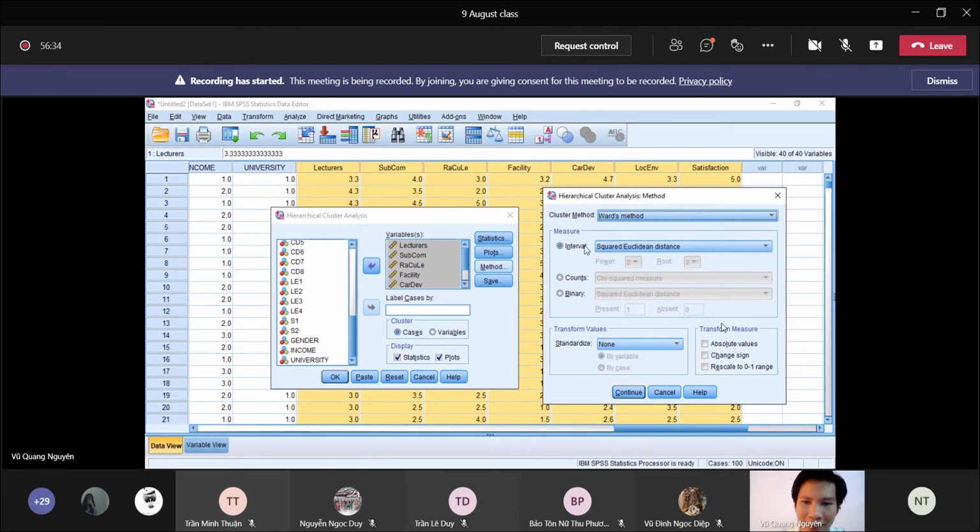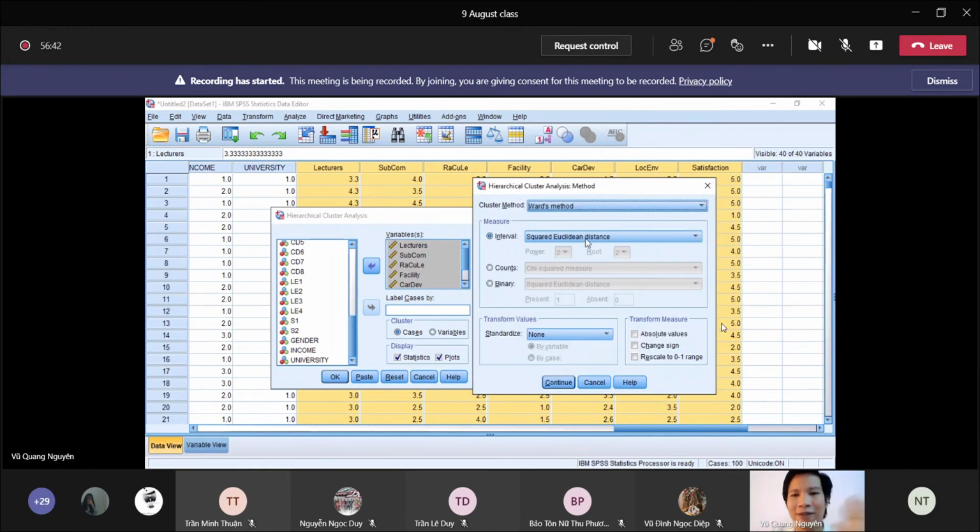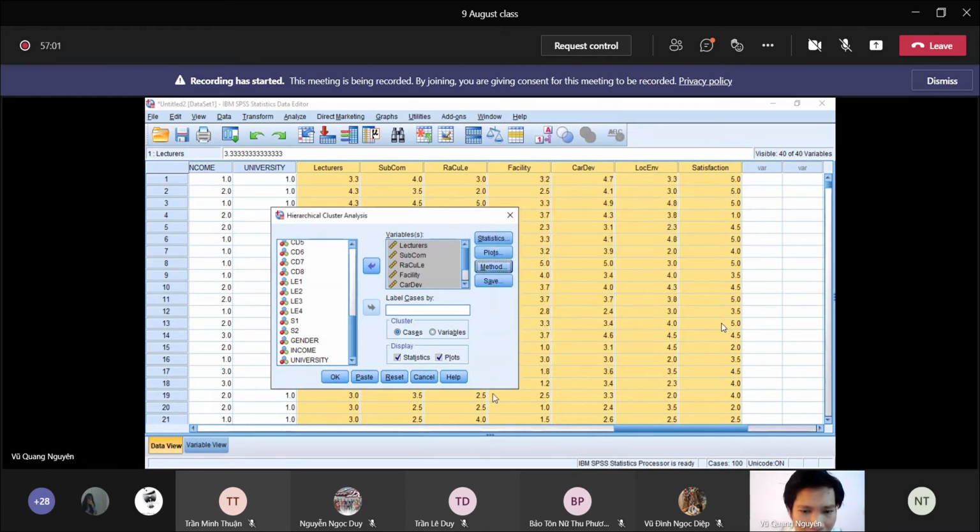So we click interval. And here we have square Euclidean distance. What is a square Euclidean distance? Well, I think you know about Euclid already, right? Yeah, already learned something about Euclid. Square Euclidean distance is how SPSS calculates the distance between your respondents.